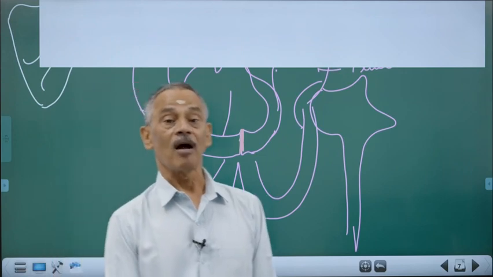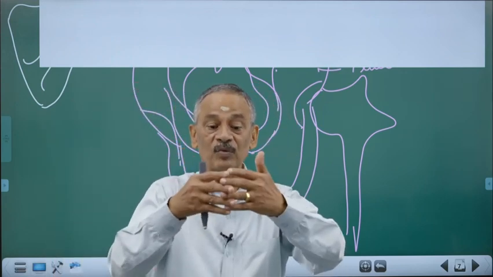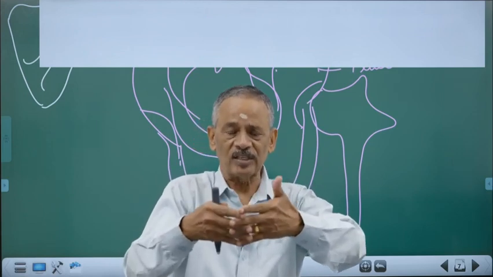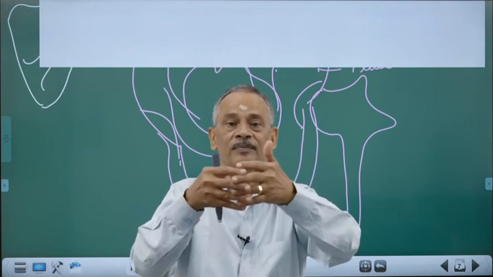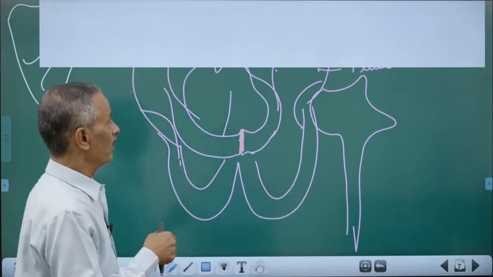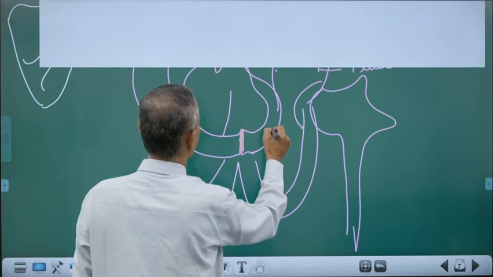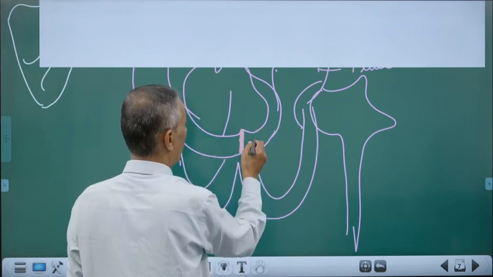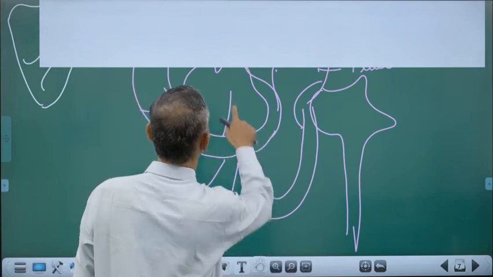This is called pubic symphysis. It supports the lower part of the abdomen, urinary bladder, etc. And this will allow some degree of movement during childbirth in females. So this is the cartilaginous piece by which the two pubic bones are connected together ventrally. That point is correct.